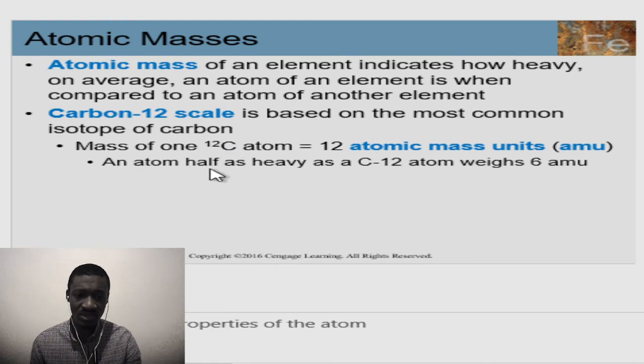So we say that an atom half as heavy as C12 weighs 6 atomic mass units. An element half as heavy will weigh half of it. So it's the comparison that we're doing with this.